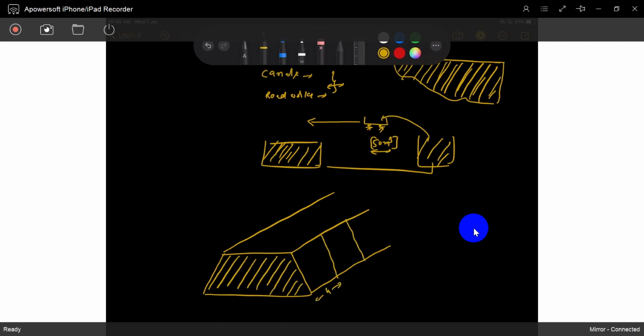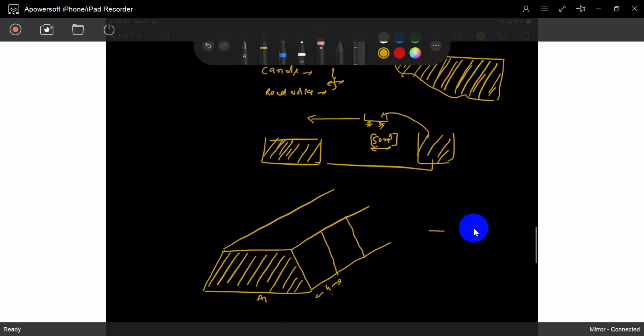So this is one area, A1. Multiply with H and you will get the volume. But this is not exactly symmetrical, so A1 into H will not do. We will use the same thing we used previously.